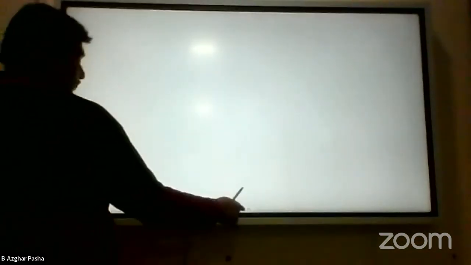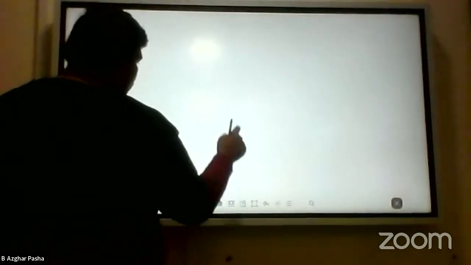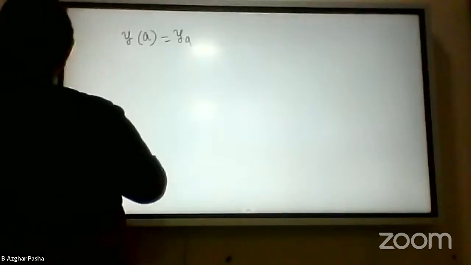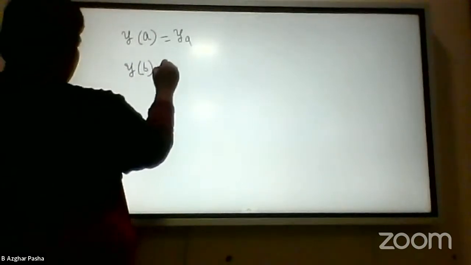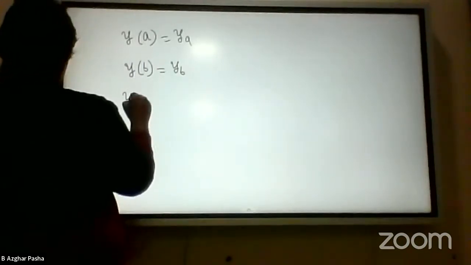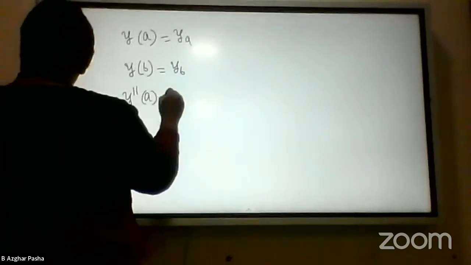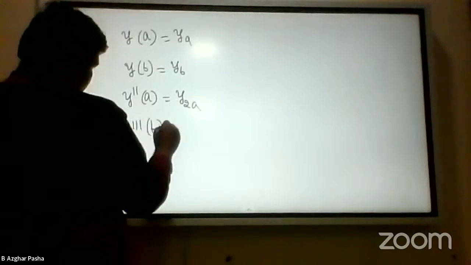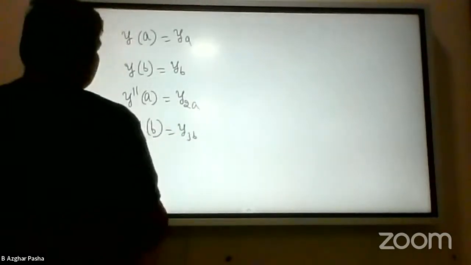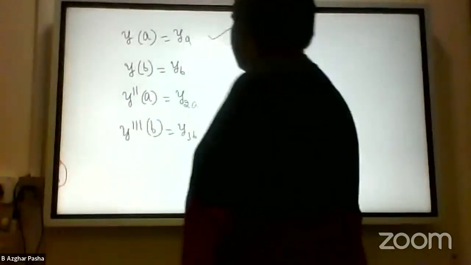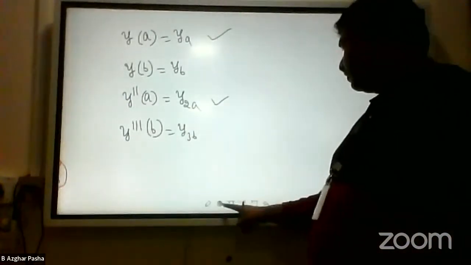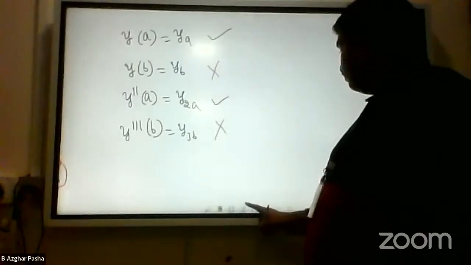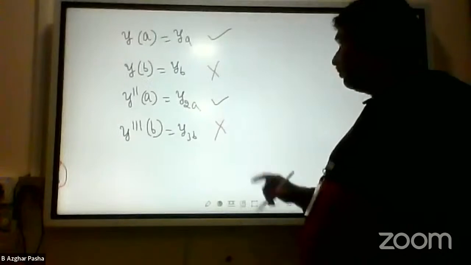So let me write it properly once again. Y of a given ya, y of b given some yb, y double dash of a given y2a, y third derivative of b given, so it is y3b. No problem with this. I don't want these two to get initial value problem.